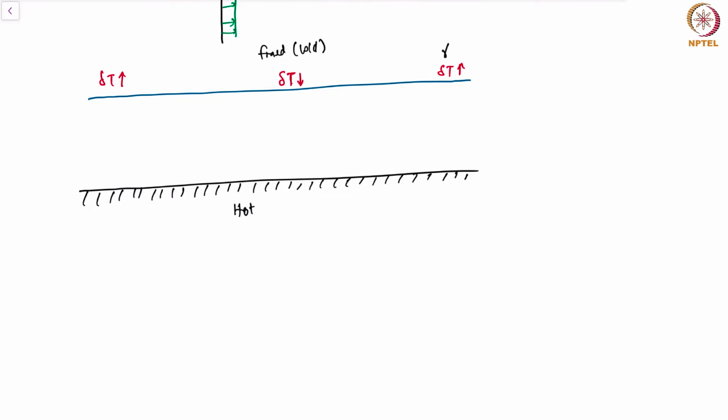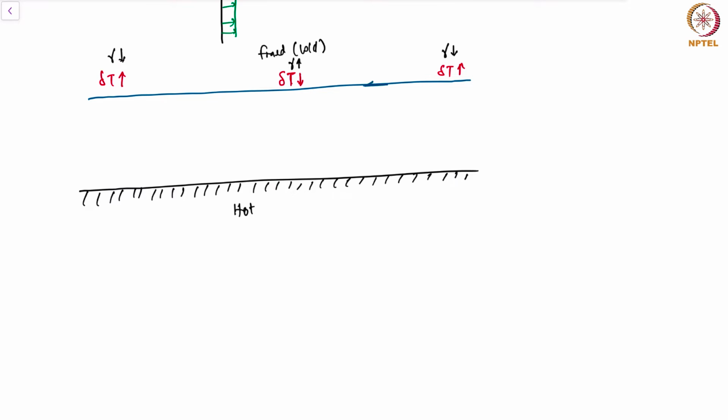The surface tension on the sides, because the temperature is slightly higher, slightly drops there, but the surface tension in the middle is slightly more. And again, as you know, the fluid would be dragged from regions of lower surface tension to higher surface tension.